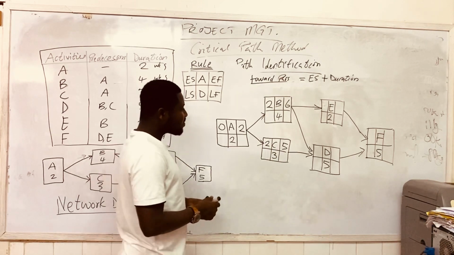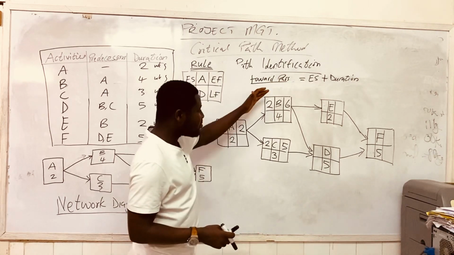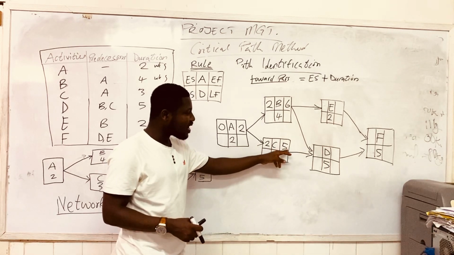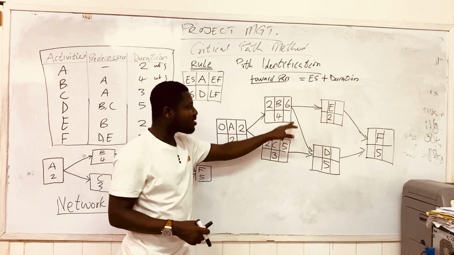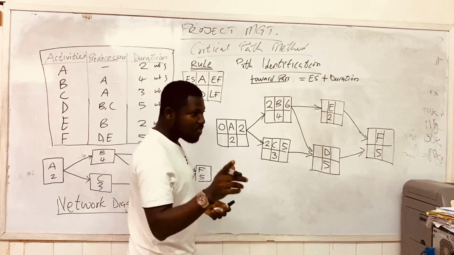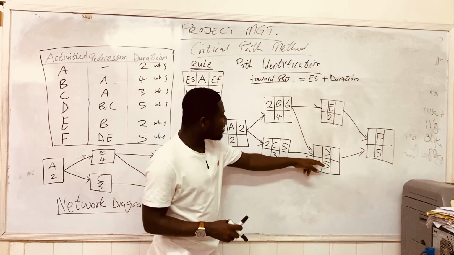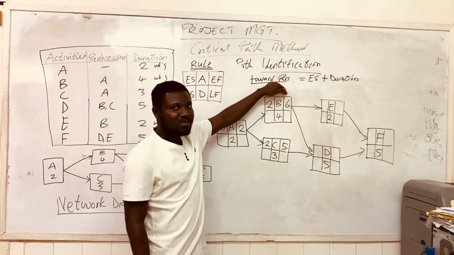So if D is waiting for projects B and C to complete, and project C is going to complete in 5 weeks' time, and project B is going to complete in 6 weeks' time, then it is right for us to say that project D must wait for project B first, because project B has the longest finish time here.